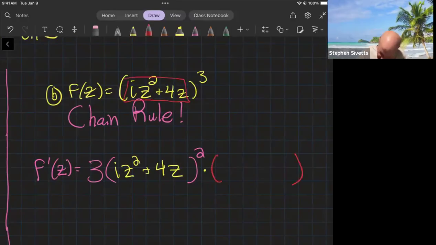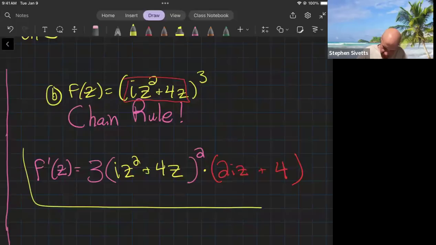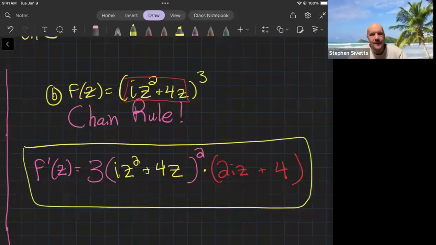So this will be times 2iz plus 4. So this right here is the derivative. Okay. So hopefully that made sense.